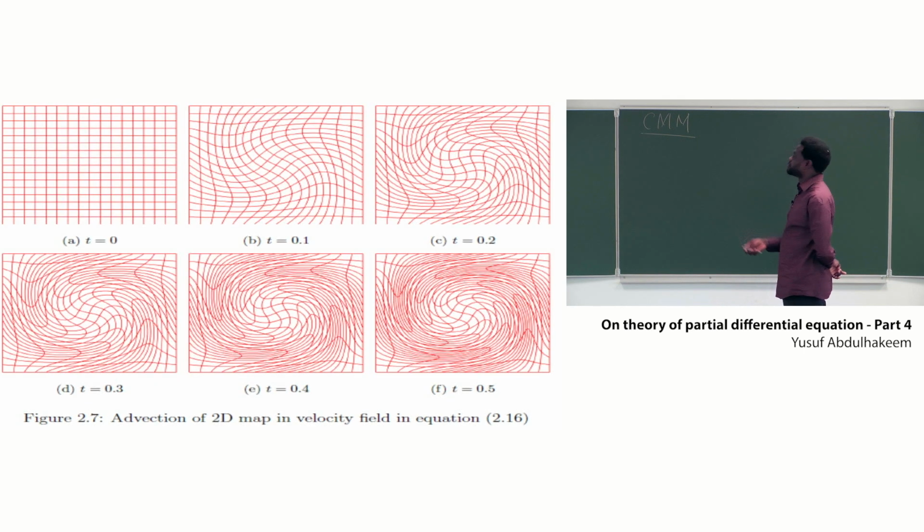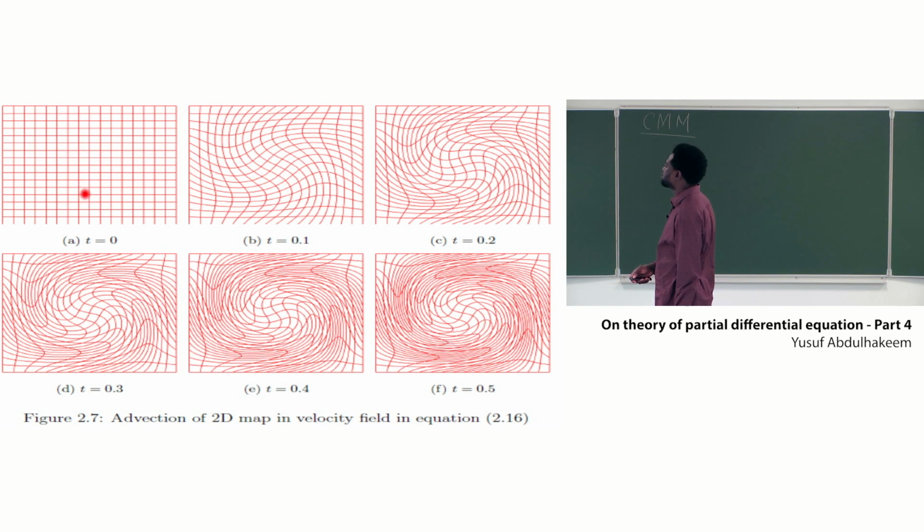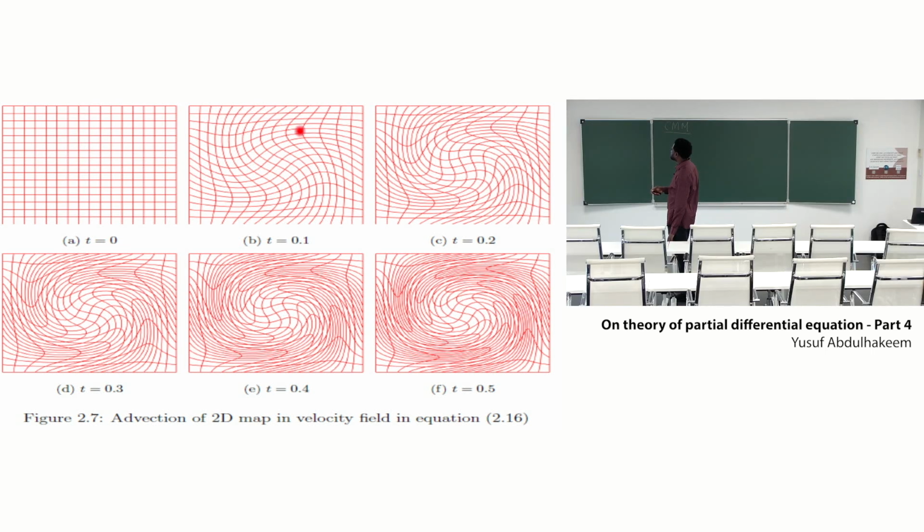So we can see how this moves. When t is equal to 0, we can see the grids. Then when t is equal to 0.1, immediately t increases, you can see that there is a movement along the grids. By the time you increase it again, the movement increases and you can see a kind of distortion.